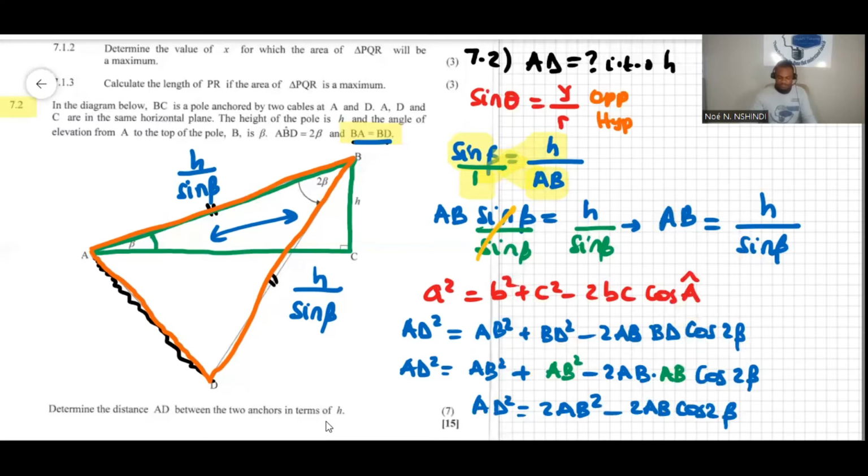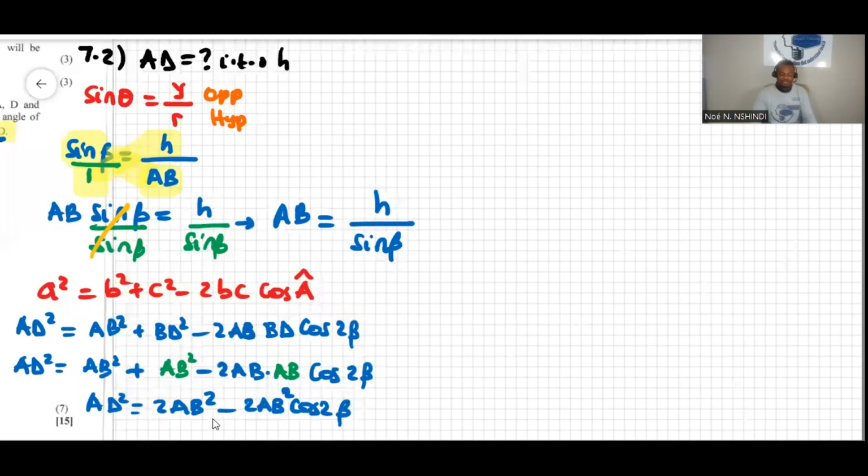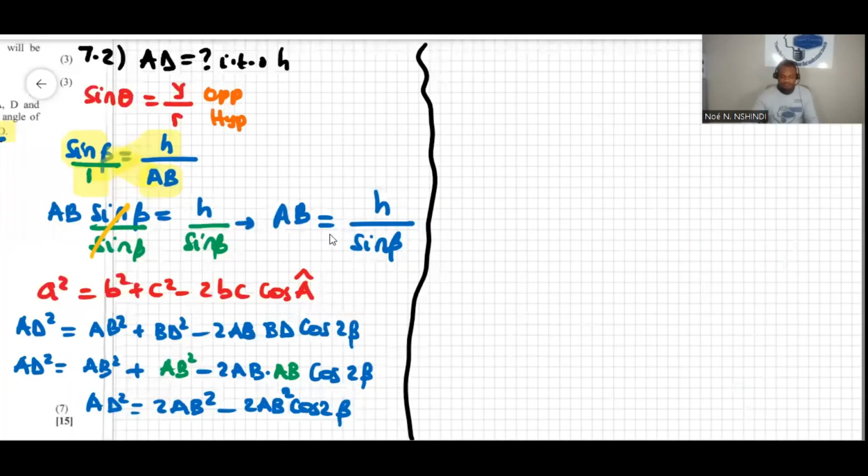We have 2 AB squared, so we can take it as a common factor.